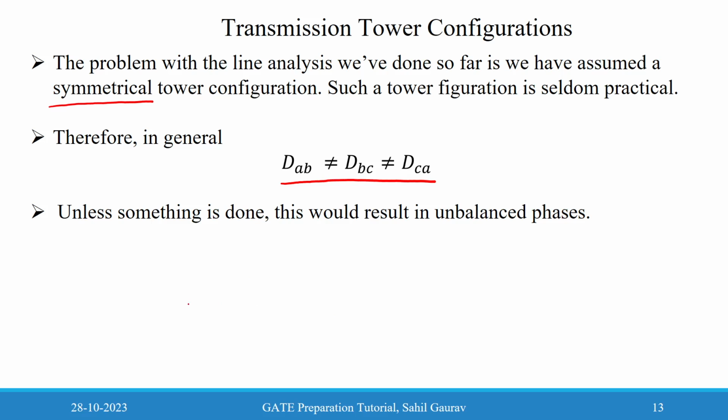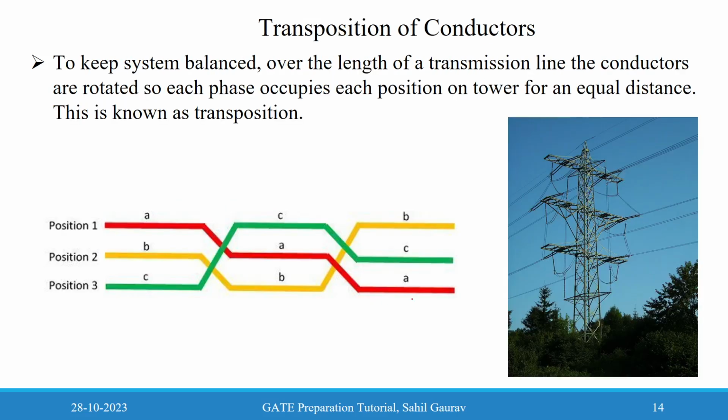Transposing. Yes, very good, Anil. Transposing of conductors. In this, we divide the distance into equal parts, and for each part each conductor is placed at a different position. For one part the a phase is at the top, for the next part it is placed at the second position, and for the rest it is placed at the third position.